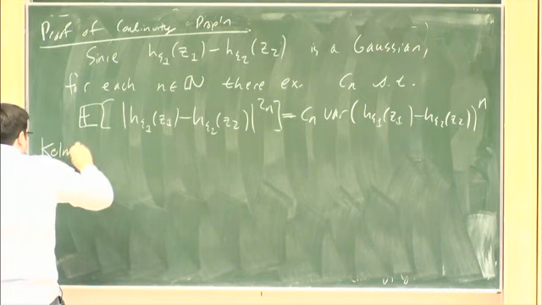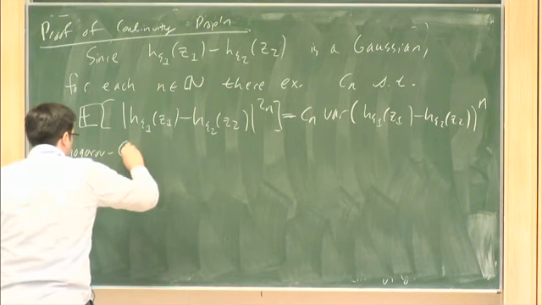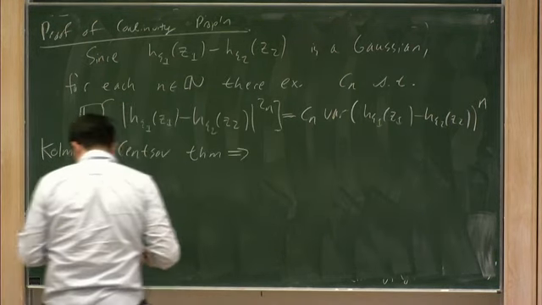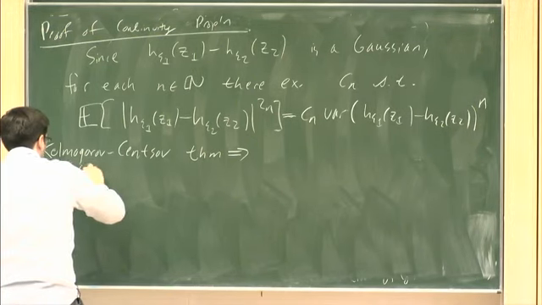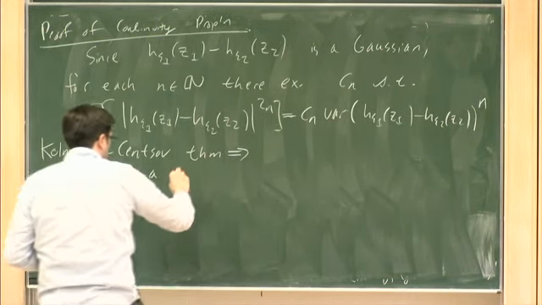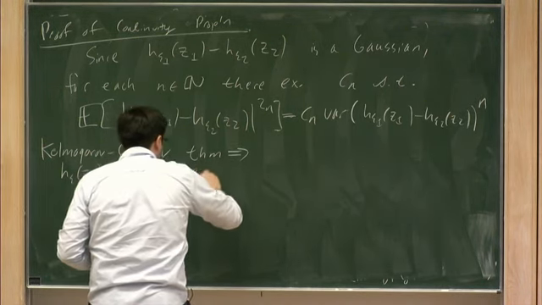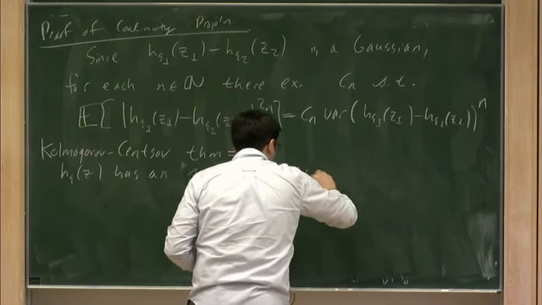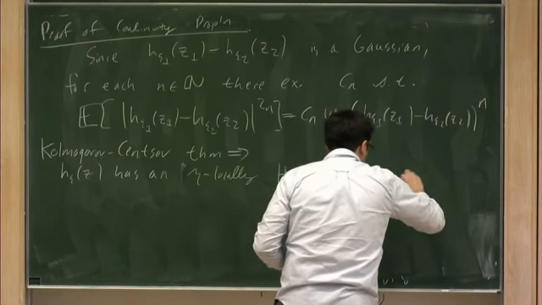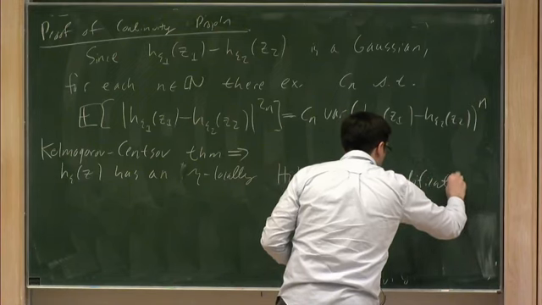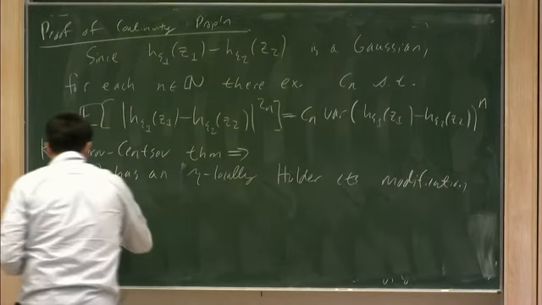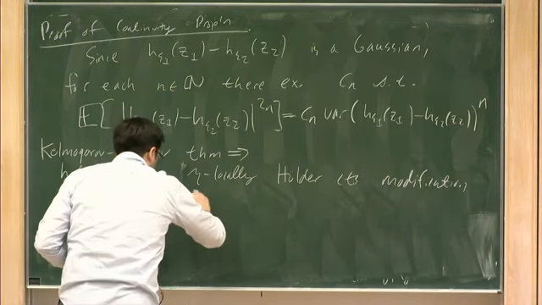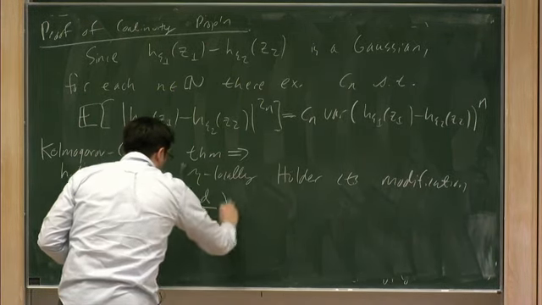The Kolmogorov-Chentsov theorem then implies that h epsilon of Z has an eta locally Holder continuous modification whenever eta is in the interval from 0 to (n minus d) divided by 2n.